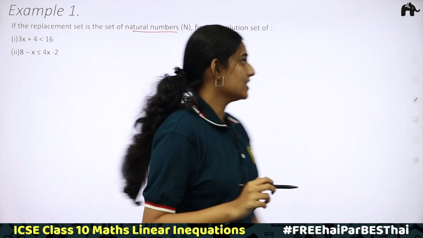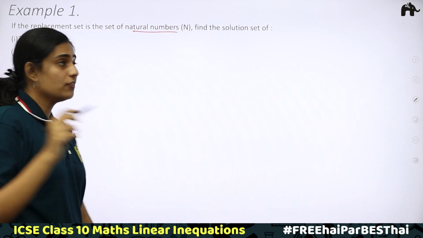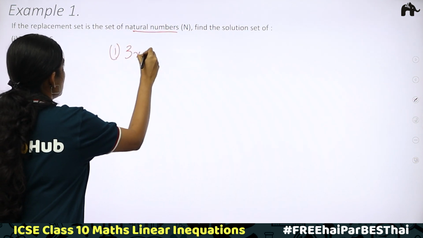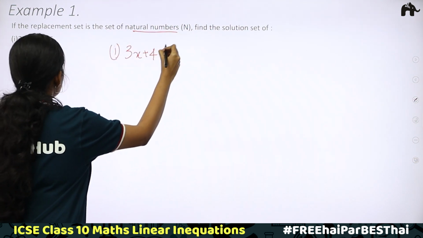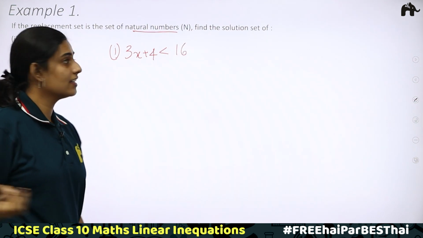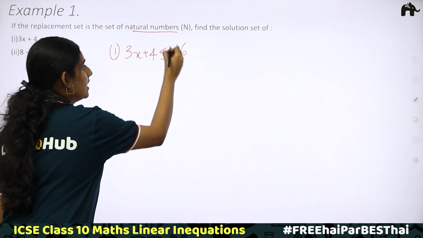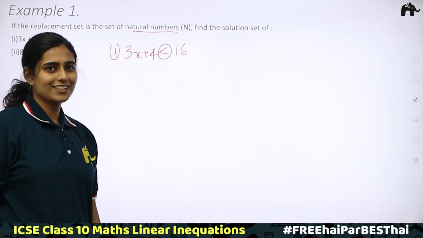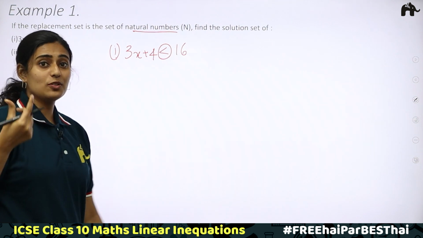Okay, let's take the first one. In the case of the first inequation, that is 3x plus 4 less than 16, which is the inequality here? Less than. This is the inequality. Okay. Now, how do you solve this? We can use the first rule.